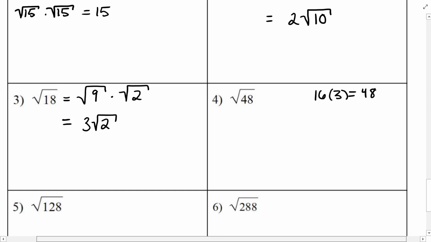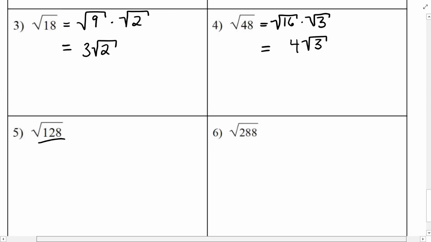You have to use the largest perfect square. All right, so we're going to rewrite root 48 as root 16 times root 3. And simplify. The square root of 16 is simply 4. And we drop the square root that we cannot simplify further.